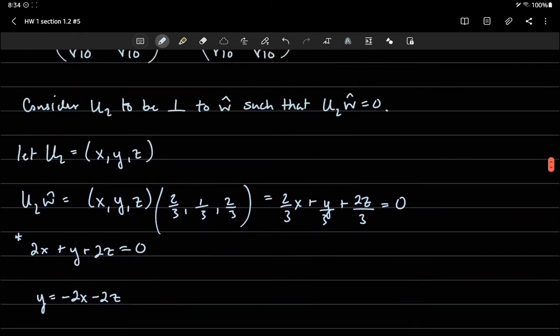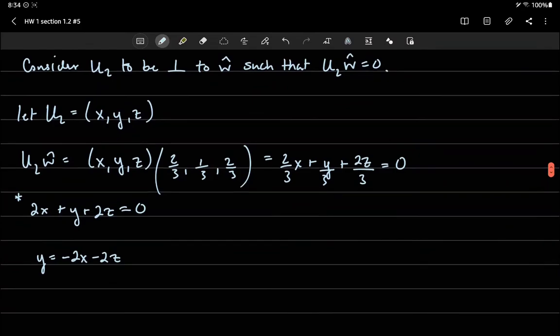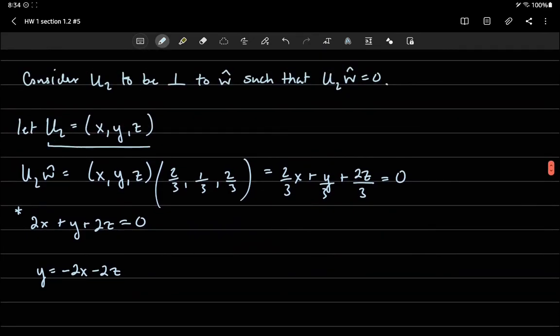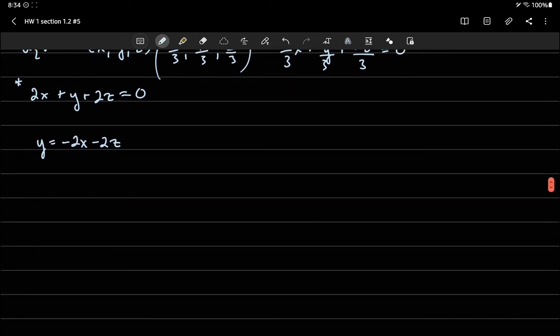Now in that, we could try to utilize the statement that u times u will give us a length of 1. But that means that we would have to square the value of y, which is negative 2x minus 2z, and that would be too complicated for us. So we'll just look to the vector that we use to substitute, or to name u2.